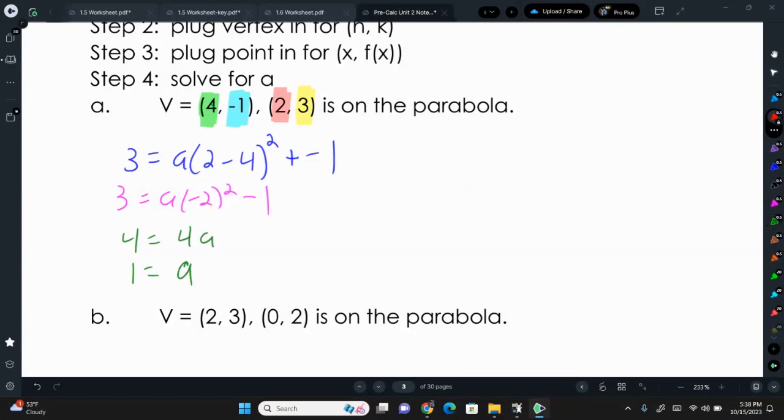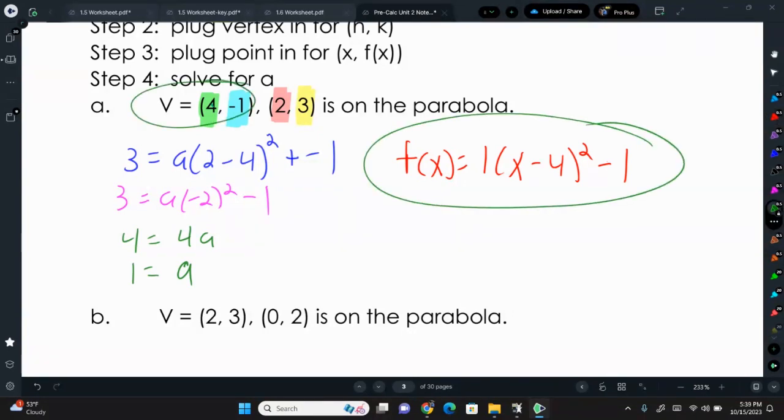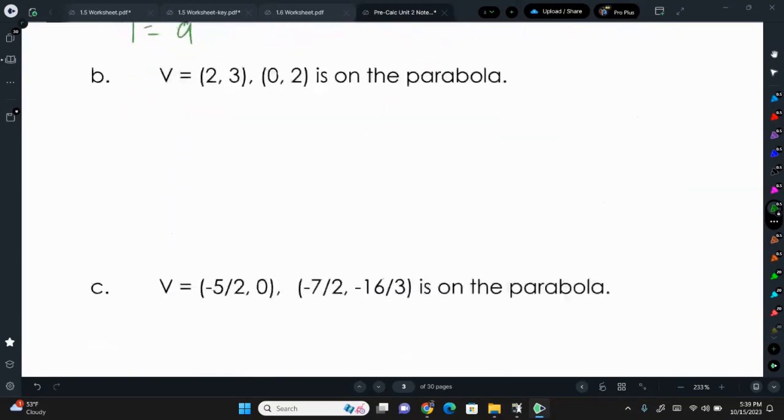So then we rewrite our function with our a value of 1, f of x equals (x minus 4) squared minus 1, because we plugged our vertex back in with our a value, and x and f of x stay x and f of x.